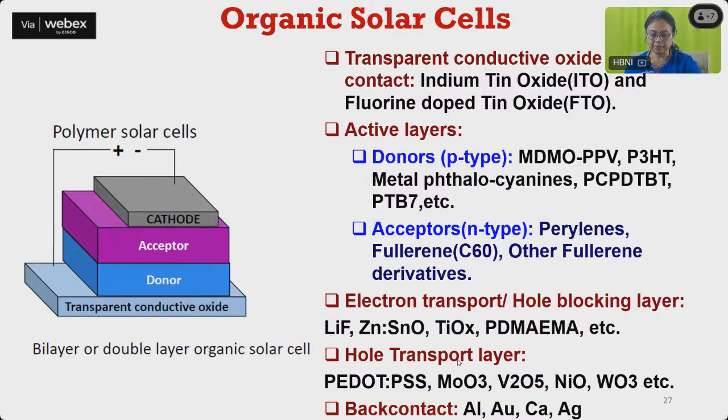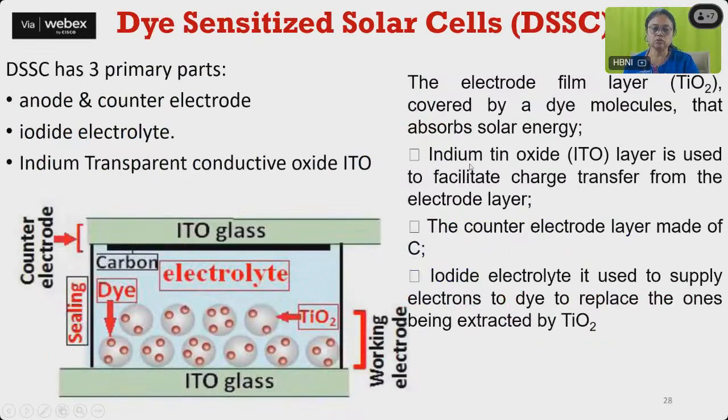Different materials like PEDOT:PSS, lithium fluoride, zinc doped tin oxide are used for the electron transport and the hole transport layers. These are all thin films, and the back contact we take from aluminum or things like that. So basically we are replacing cadmium telluride or silicon by different organic materials.